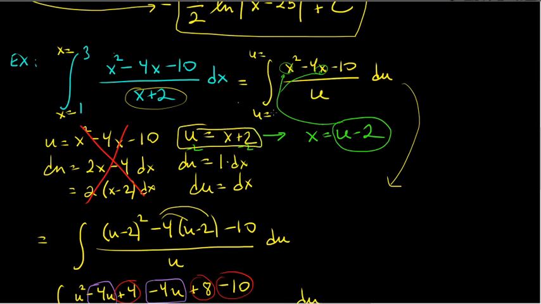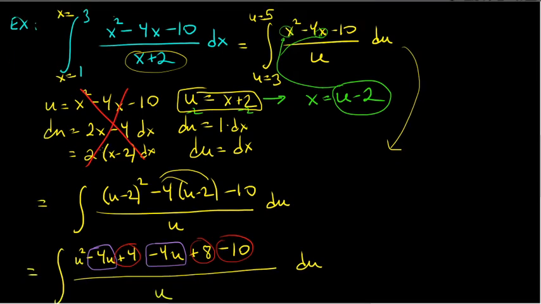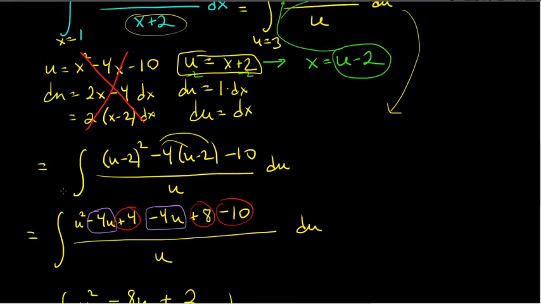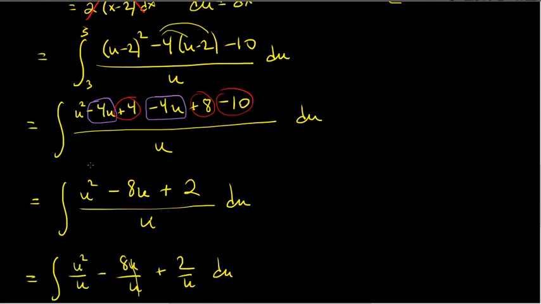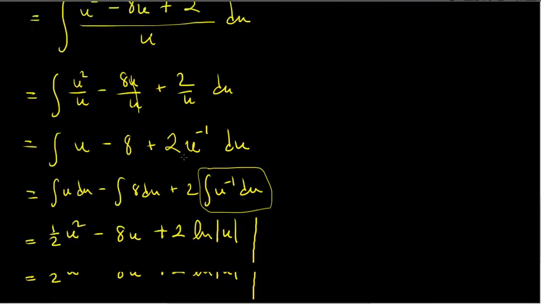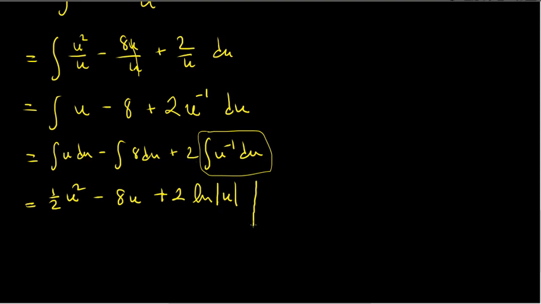So 1 plus 2 is 3, and 3 plus 2 is 5. So we could have done that all along here, right? This goes from 3 to 5 instead of 1 to 3. Yep, 3 to 5. So we're evaluating this between u equals 3 and u equals 5.